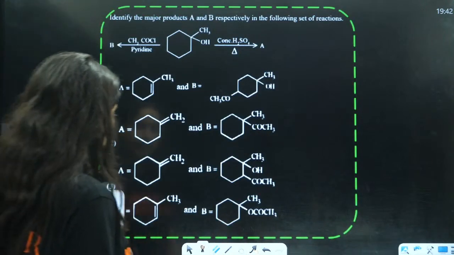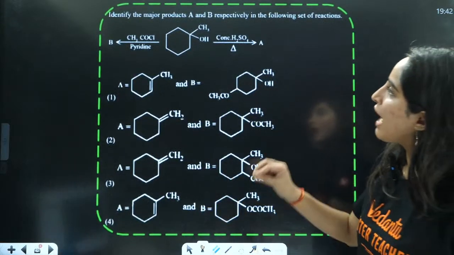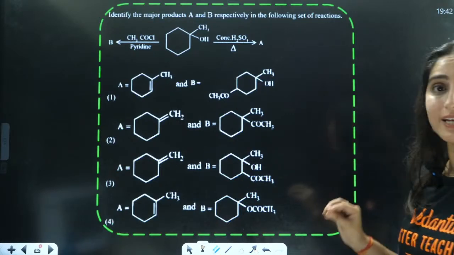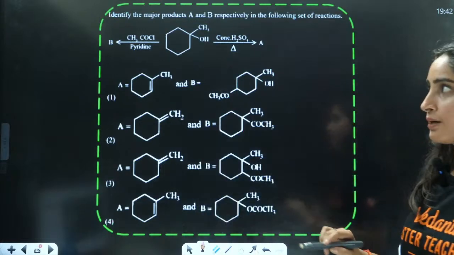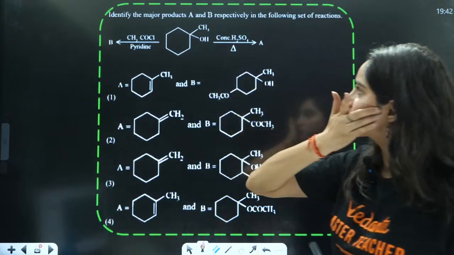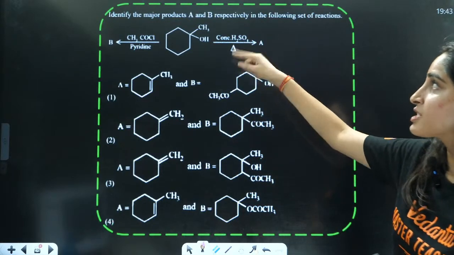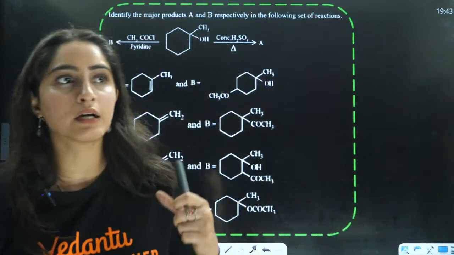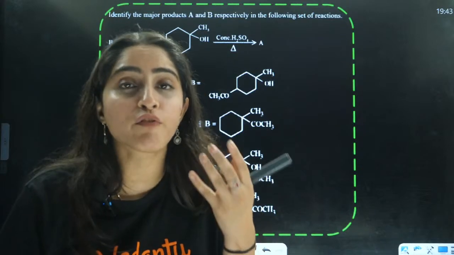Then the next question is, you have to identify the major products A and B respectively in the following set of series. You need to identify the major products here. So you have this CH3OH. When we are reacting this with concentrated H2SO4, now tell me, reagent like concentrated H2SO4 is famous for which thing?